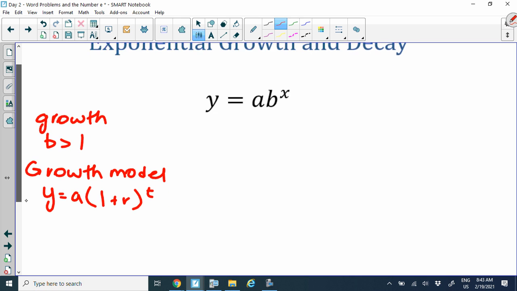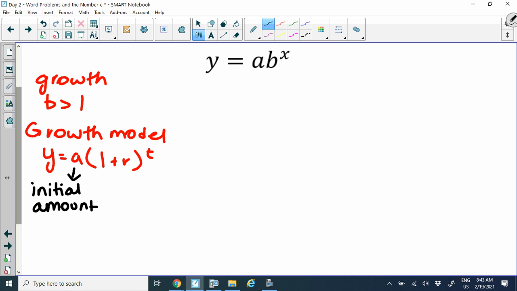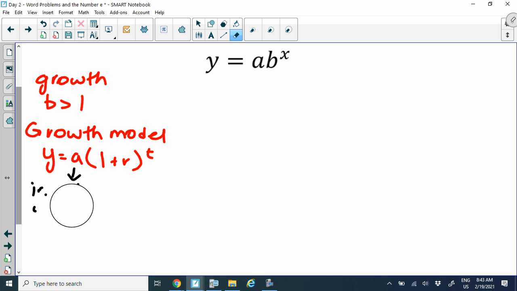Now let's talk about what each of these variables represent, okay? A is what we call the initial amount. Okay, y is basically your final amount.